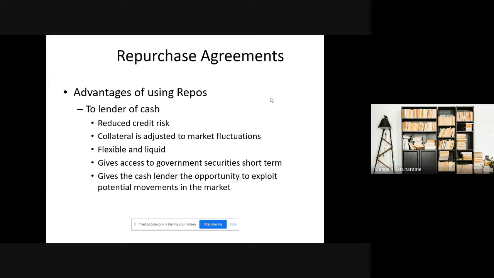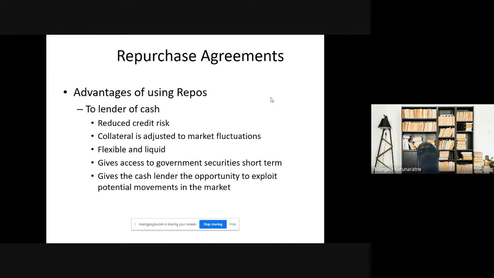But the point here is, if you keep more, it is not a problem with the regulator. According to the directions, we have to adequately cover the transaction. If you keep more, it's at the bank's own risk. But if you go below the required amount, then that can be a serious violation, right? So two sides are there.